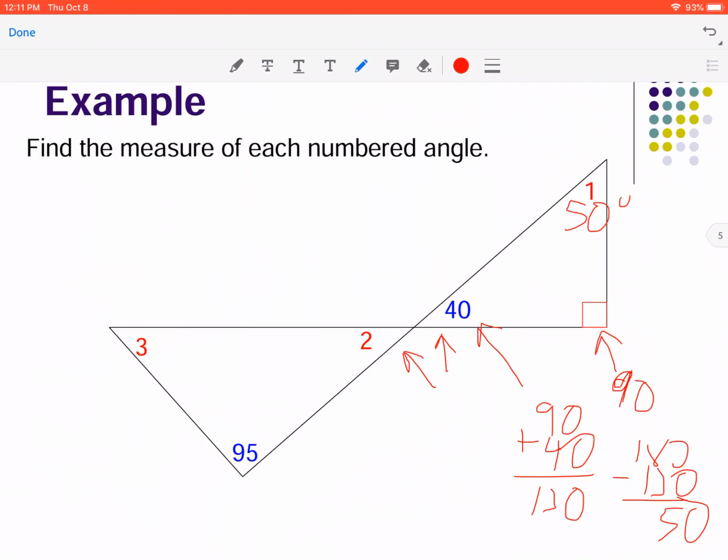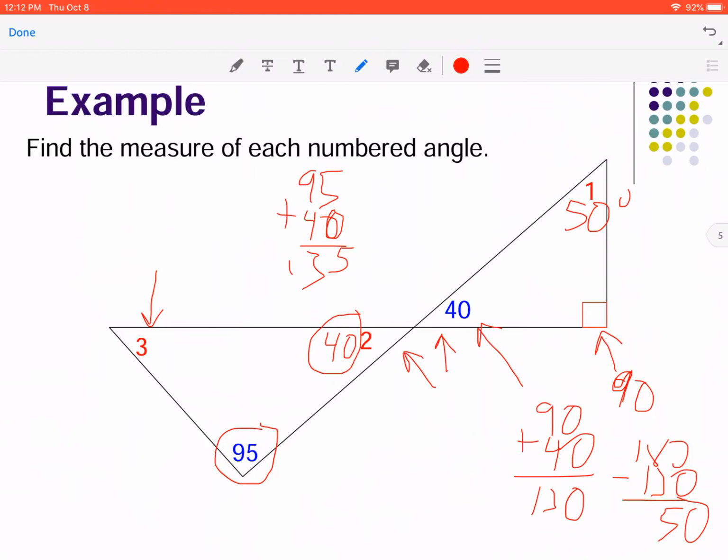Now, remember, vertical angles always equal each other. This piece of pizza and that piece of pizza are the same size. So angle 2 must be 40 degrees. Well, if I know angle 2 is 40 and I know this other angle is 95, isn't that enough to find angle 3? So 95 plus 40 is 135.